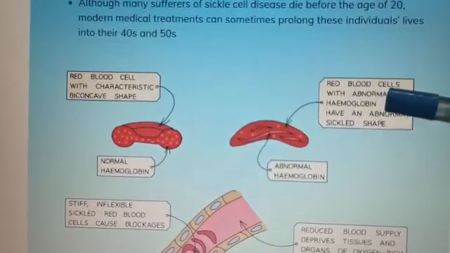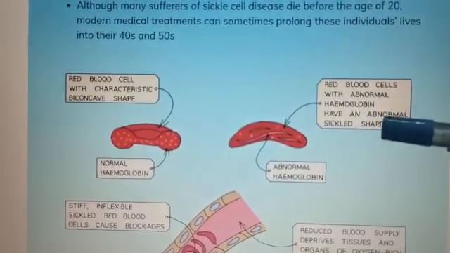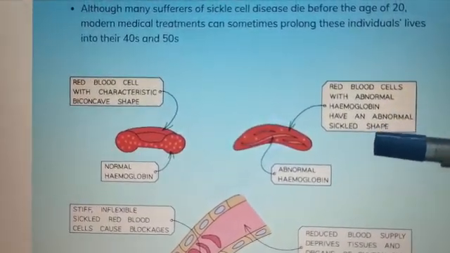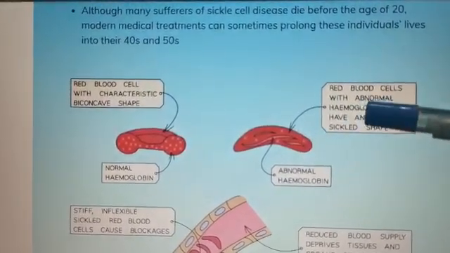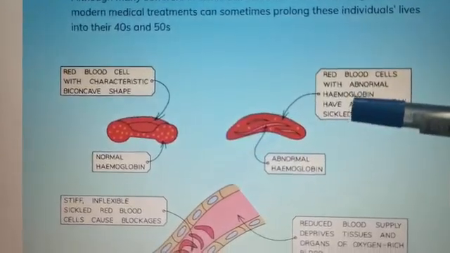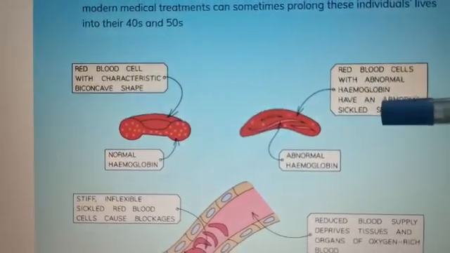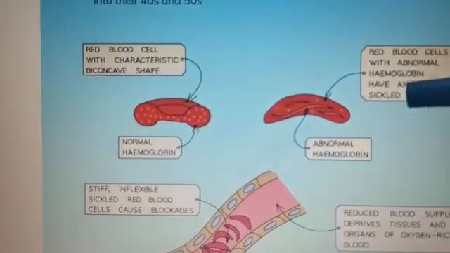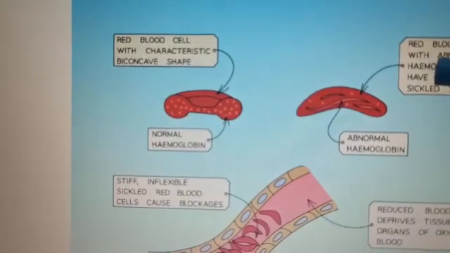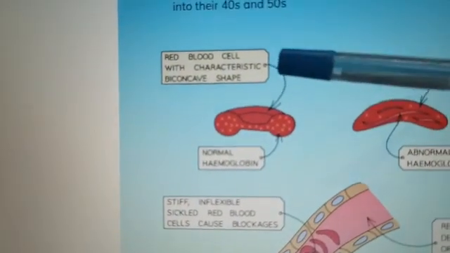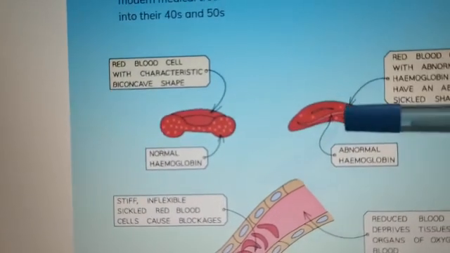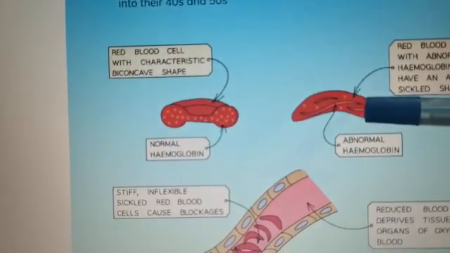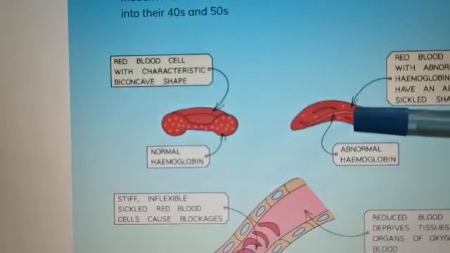The red blood cells with abnormal hemoglobin have an abnormal sickle shape. So this cell has a sickle shape. Why? Because of the abnormality in the genes. That's called gene mutation. So this is the normal RBC and this is the sickle shaped RBC, the abnormal RBC.